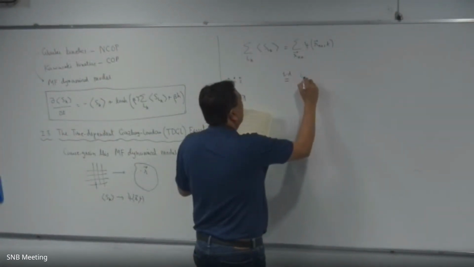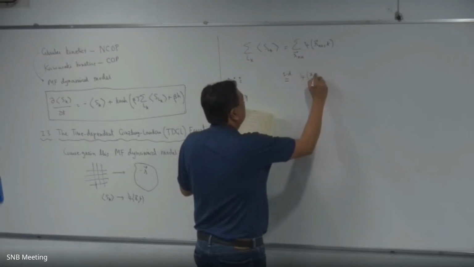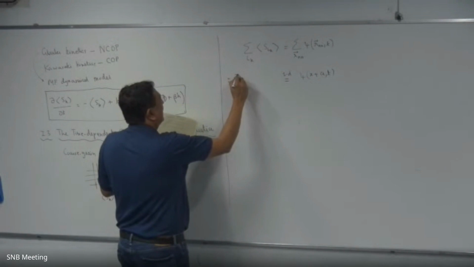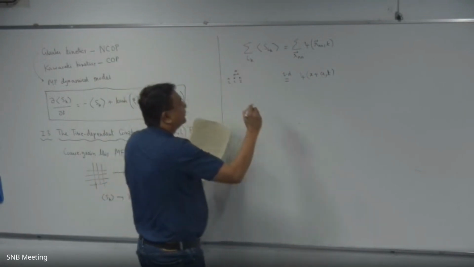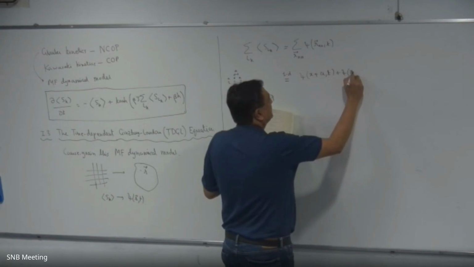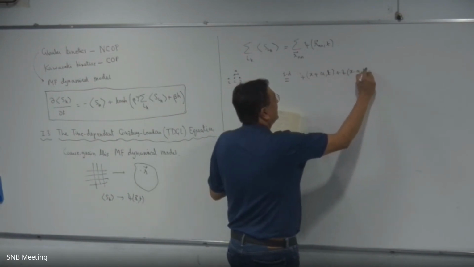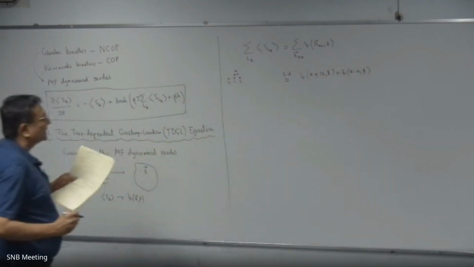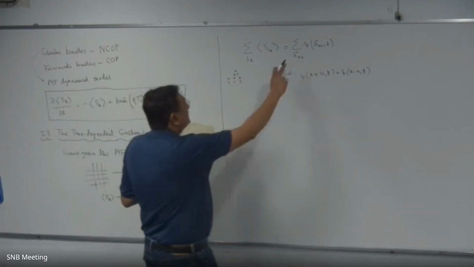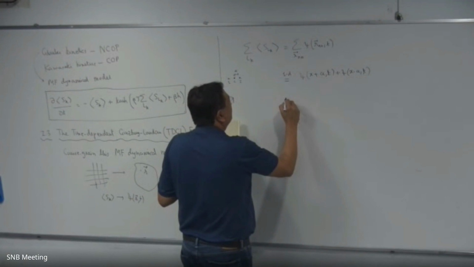This is simply psi of x plus a, t, where a is the lattice spacing, plus psi of x minus a, t, where a is the lattice spacing. So that's just a direct form of this sum out here. And these are the terms you Taylor expand.